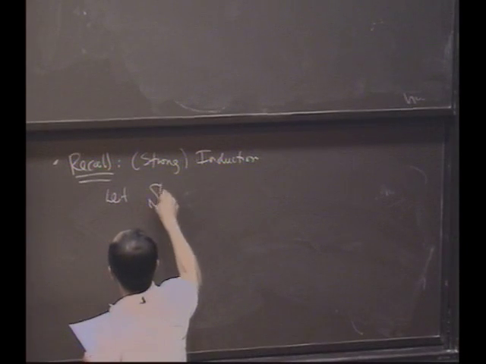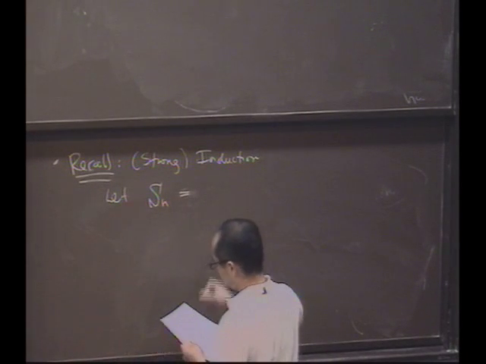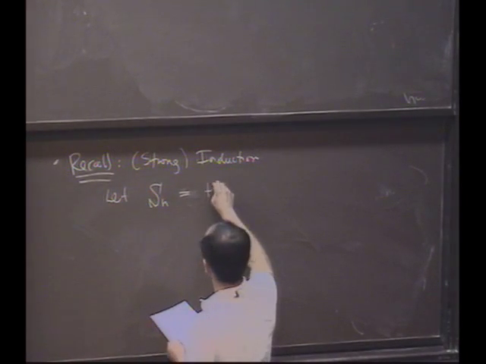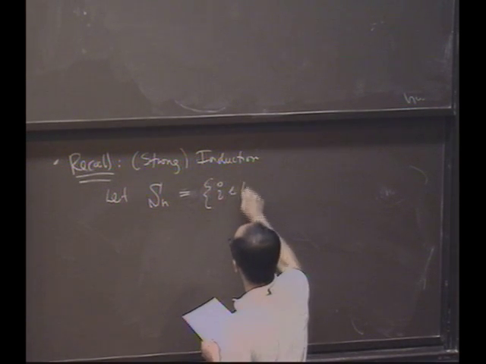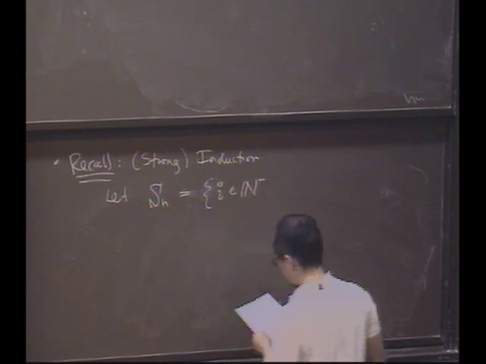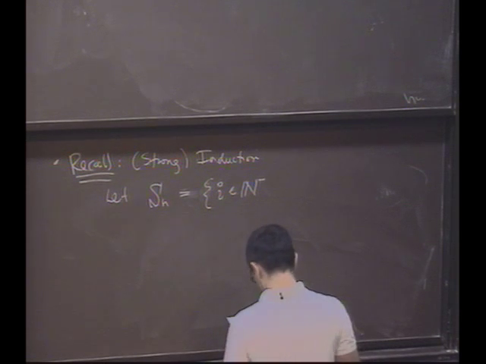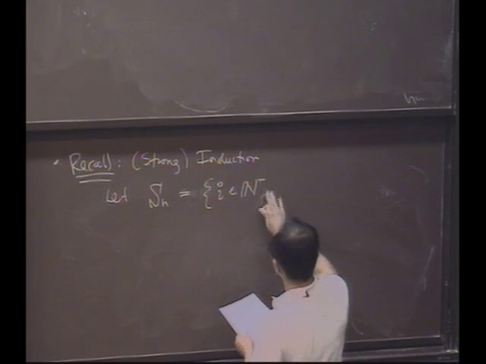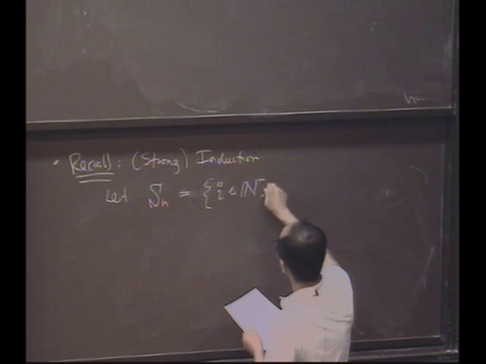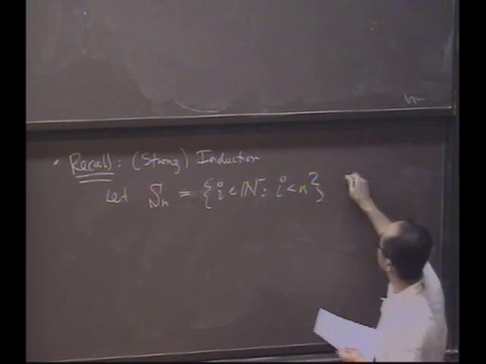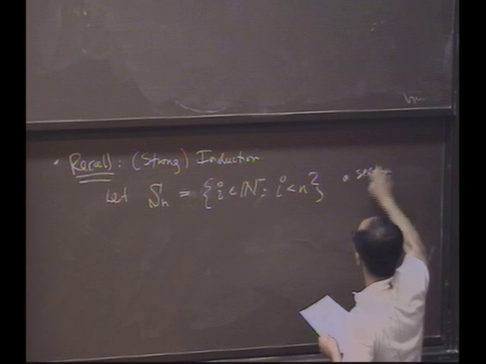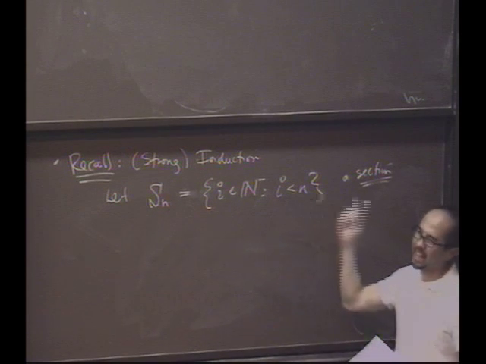So I'm going to let S sub n be what's called the section. It's the set of all i in the natural numbers, this is just for regular induction, where i is less than n. It's called a section, so it's everything previous to n.